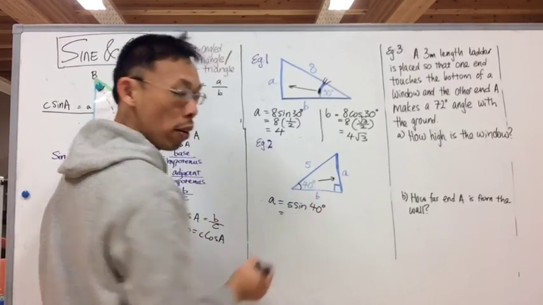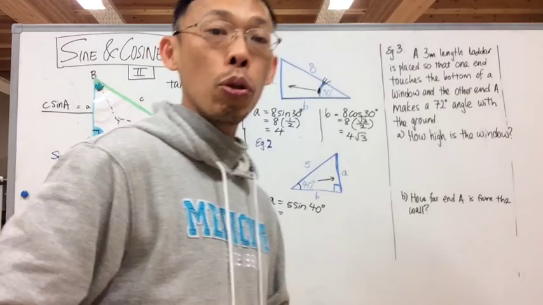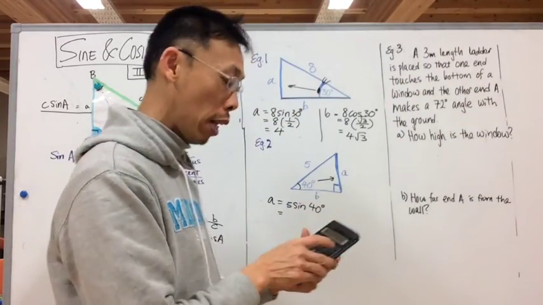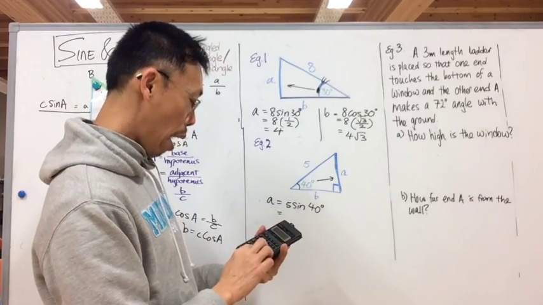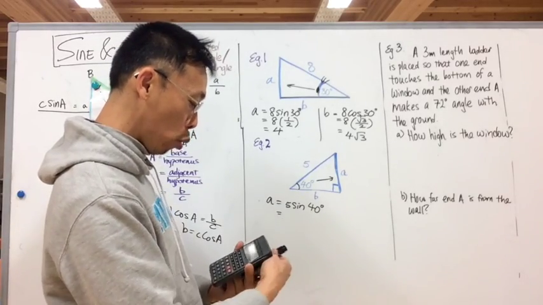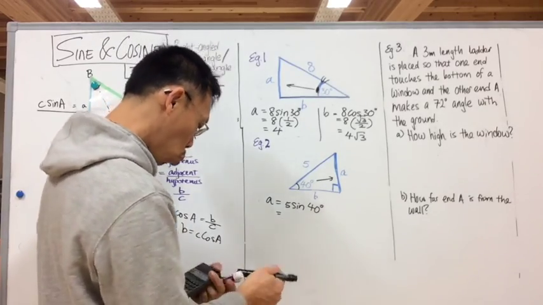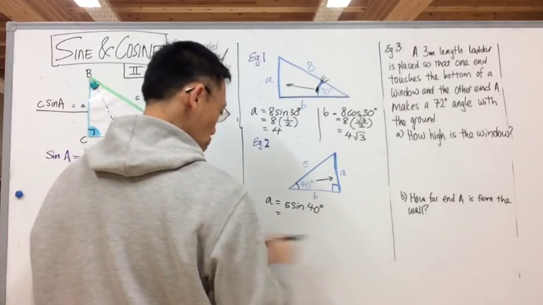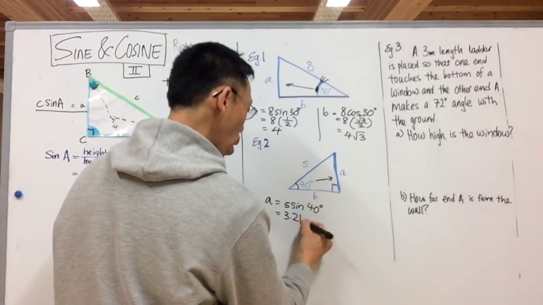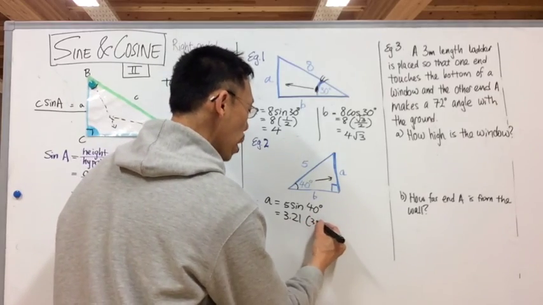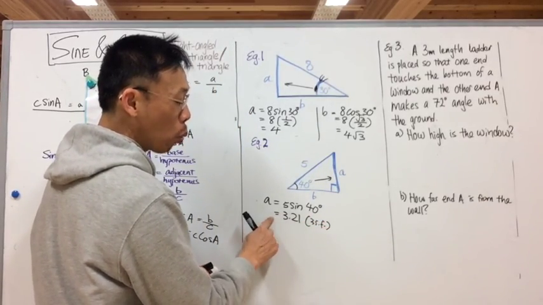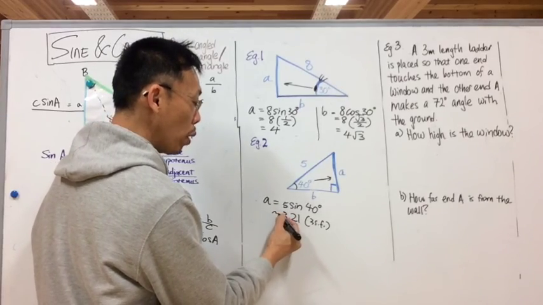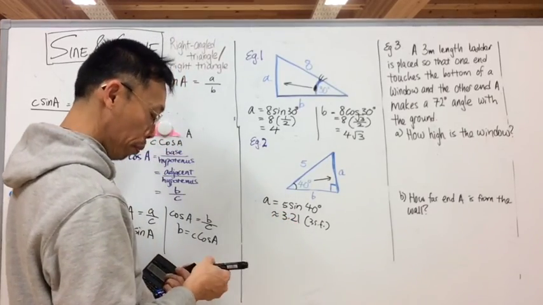Now, I don't really know what sine 40 degrees is, so I need to use a calculator. I put in 40 degrees, then sine, times 5, and that happens to be 3.21 to 3 significant figures. Because this is an approximation, I cannot use the equal sign anymore. I have to use the symbol for approximation.